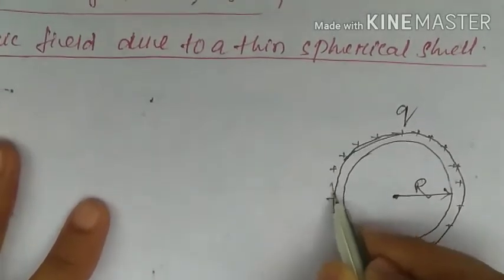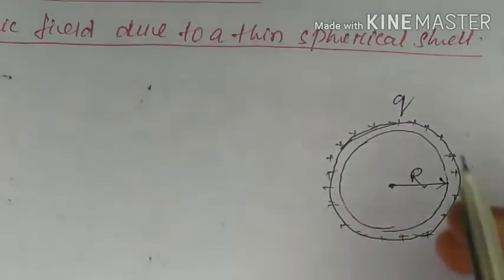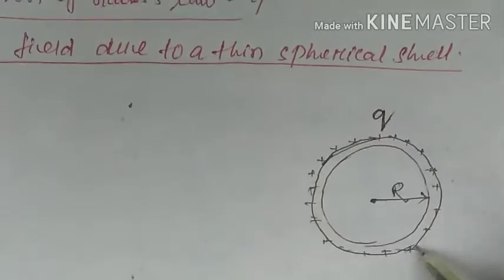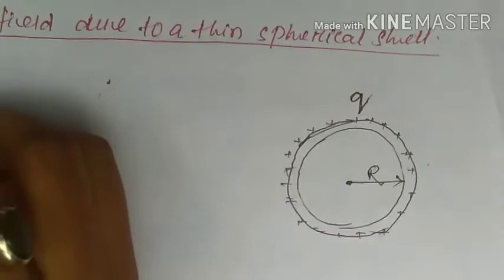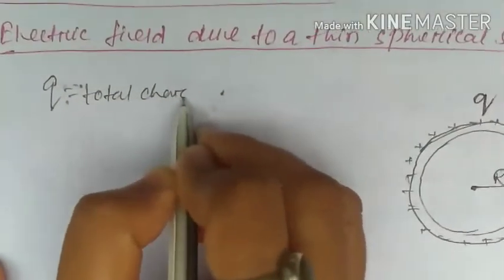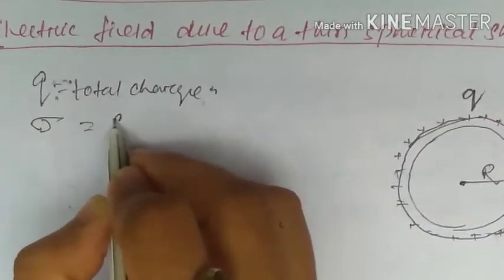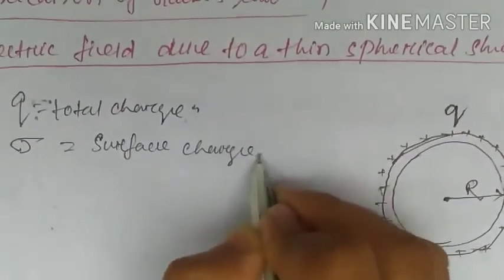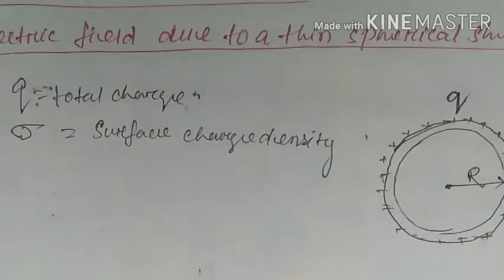Due to the charge Q, this is distributed throughout, so it has a charge density. Q is my total charge. Sigma is then the surface charge density.